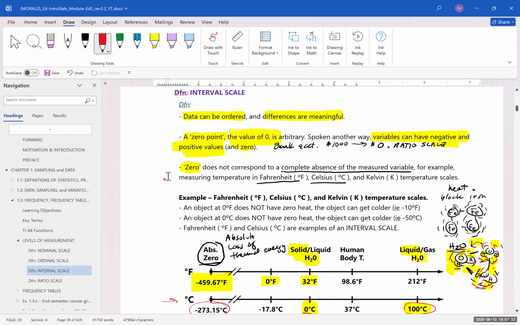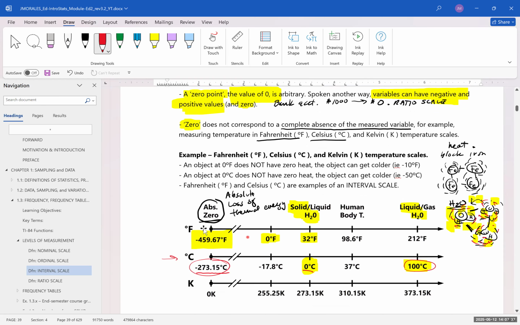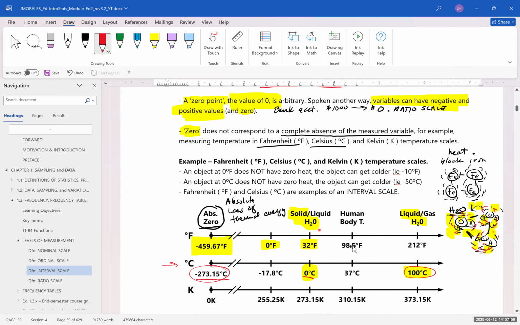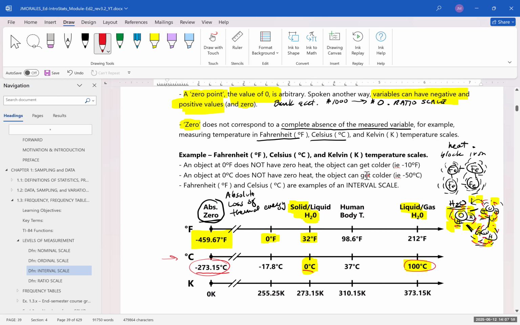So both Fahrenheit and centigrade are what's called an interval scale. You can see this is ordered, from the smallest as a negative number to zero, and then above zero where it's a positive number, and we could just keep going. The other thing is that differences are meaningful. We know what it feels like to be at 98.6 degrees Fahrenheit, our body temperature.